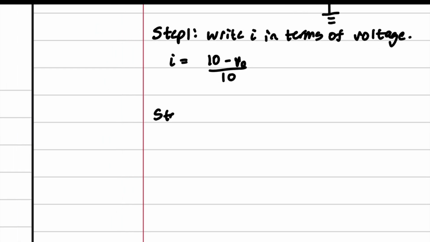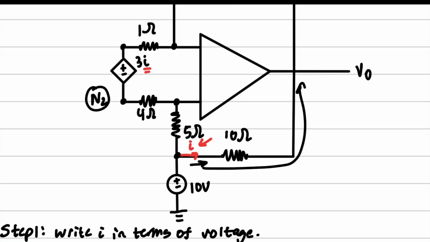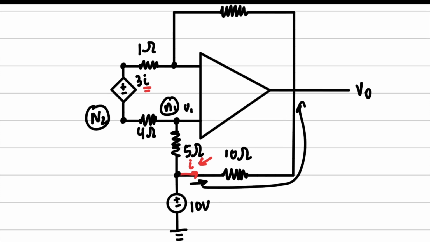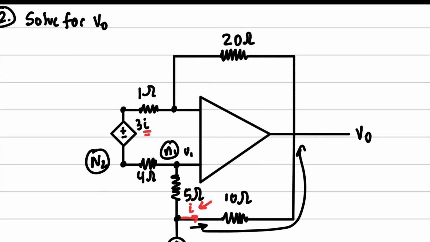So step 2, label the nodes. Always label the nodes. We have V1 right here, which we don't know, and I'm going to call it node 1, V1 right here. And remember, it's an op amp, so we are going to have the same voltage going in through this way as well, okay?